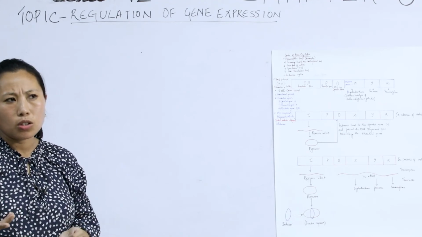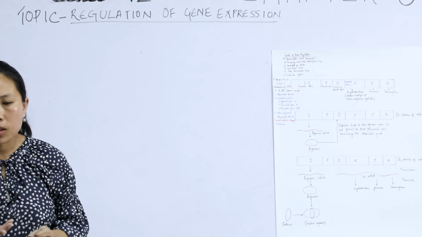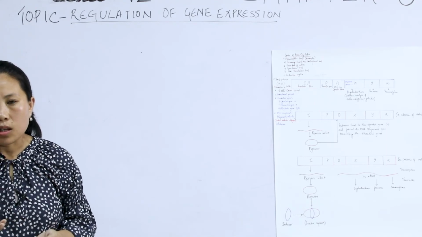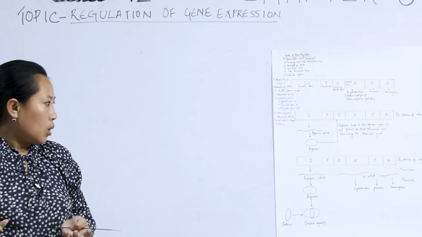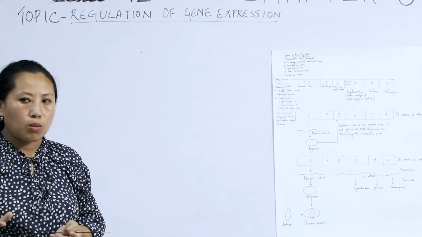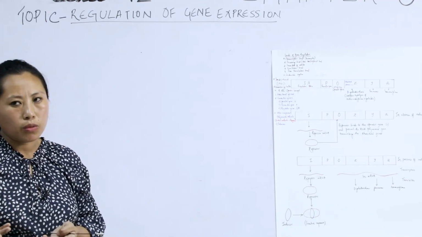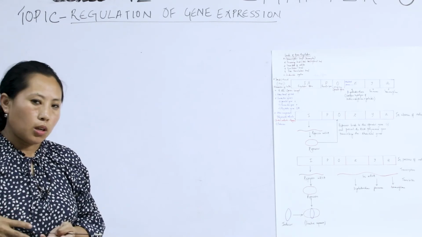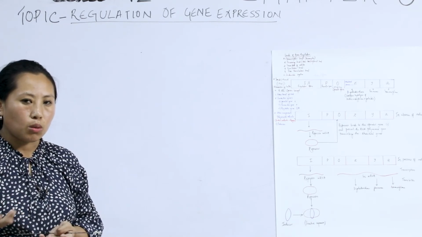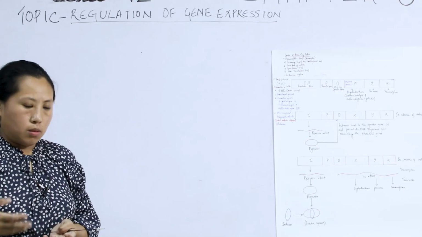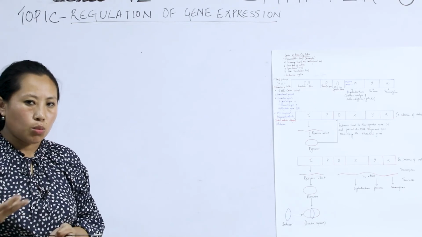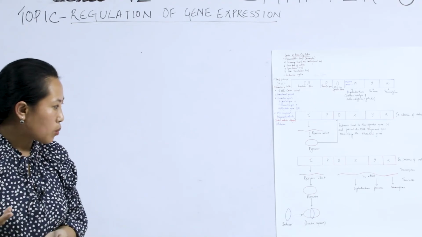They undergo modification in the Golgi complex or in the endoplasmic reticulum. Once matured and active, the proteins are released into the cytoplasm in case of free ribosomes, and when they are attached to the endoplasmic reticulum, they are released into the lumen, and they undergo further modification to assume different forms, or some of them even form enzymes.